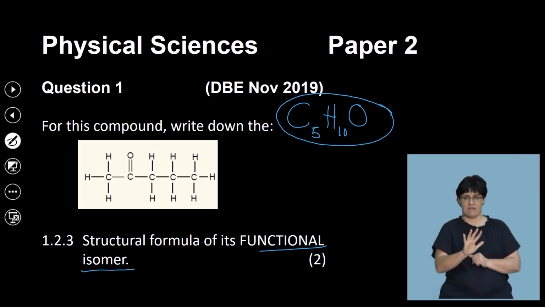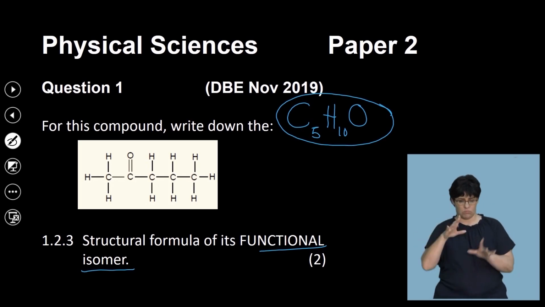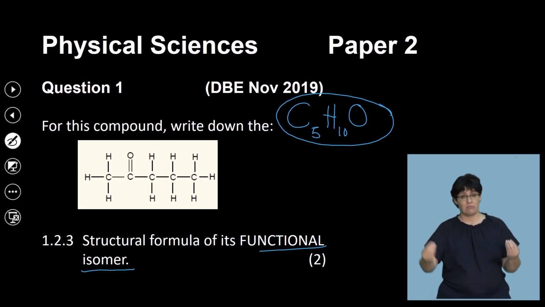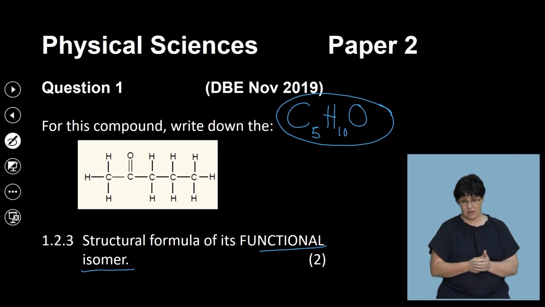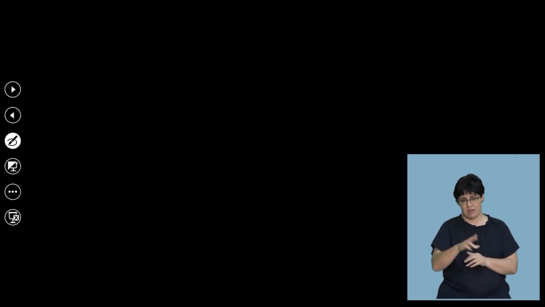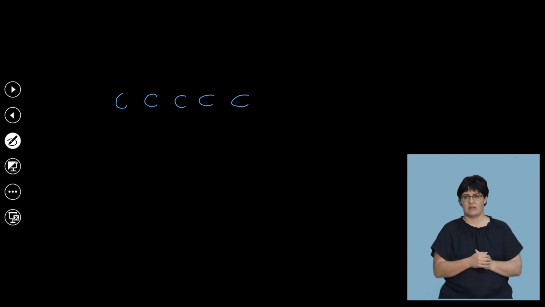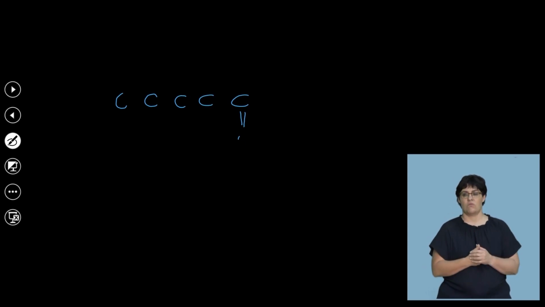But these other compounds that we are going to write down should belong to a different homologous series. Why? Because it's a functional isomer. So we're going to have the same number of carbon atoms, the same number of hydrogen atoms, and the simplest one that comes to mind is to have the oxygen at the end, on the first carbon.